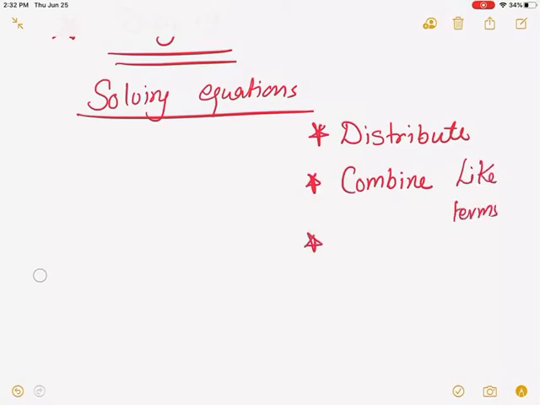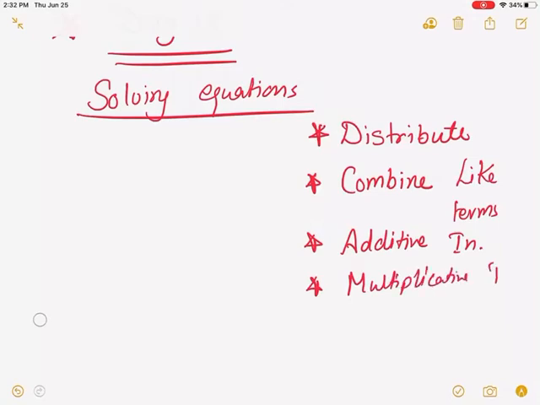Third one, applying additive inverse. If there's anything being added or subtracted, you need to get rid of that. And the last step would be using multiplicative inverse. That should be the order you follow to solve these types of problems.